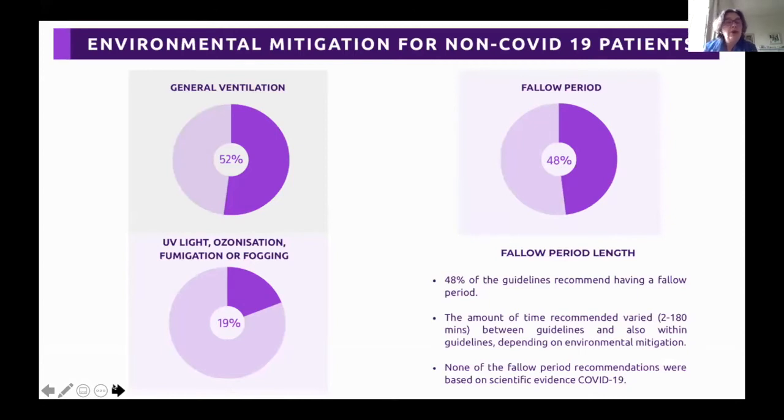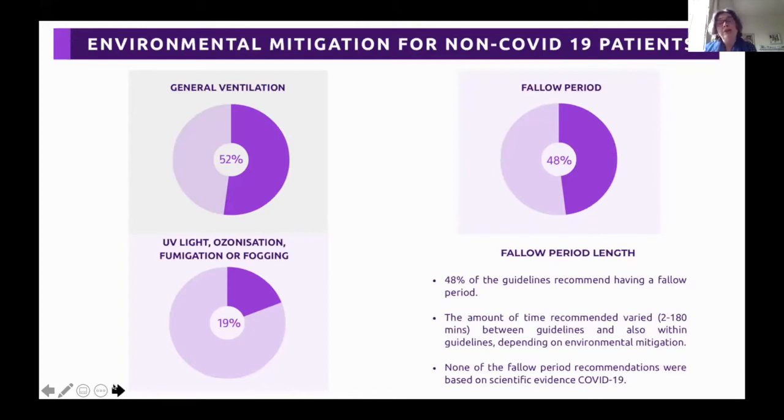Environment is what everyone is speaking of today, and ventilation is probably on every news bulletin. As you can see here, just over half of the guideline documents mentioned ventilation. Some mentioned other devices, air cleaning devices, but maybe the issue that impacted most on the delivery of care, certainly in the UK, was a fallow period. In the UK, it was 60 minutes.